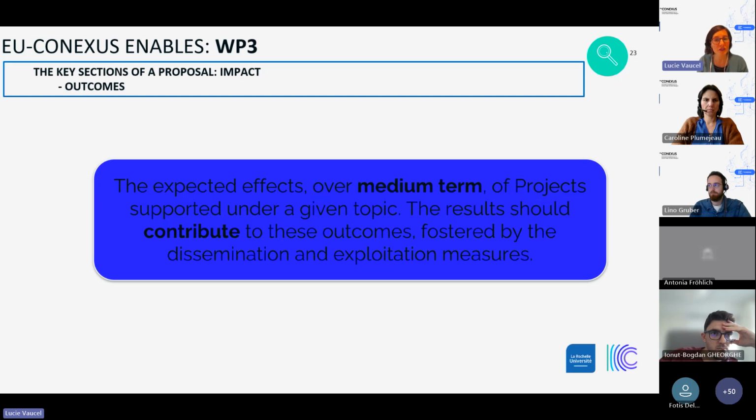So you have first the results, but then the results have to contribute to outcomes that are planned or envisaged more on a medium term. And you will be supported to do that by dissemination and exploitation measures that will foster the development of outcomes.